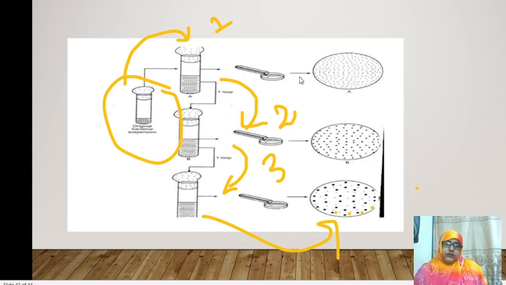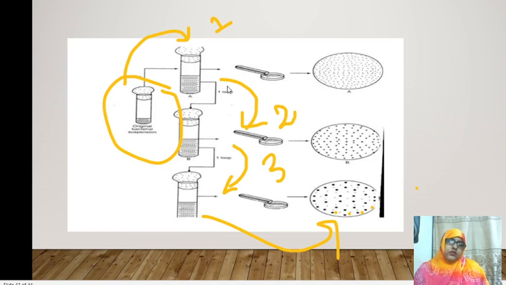You can see the colonies formed, if we separate all these, are different types of colonies with different gaps between them. So 1 loopful is added in A, from A 2 loopfuls are added in B, and from B 3 loops are taken one by one and added in tube C.